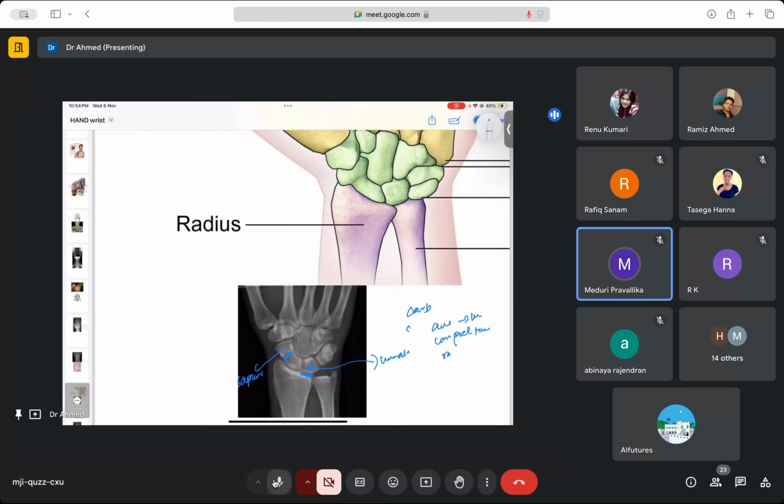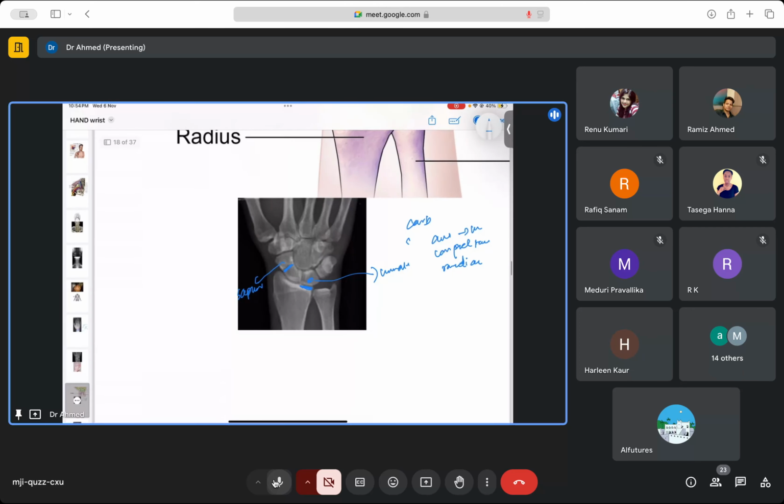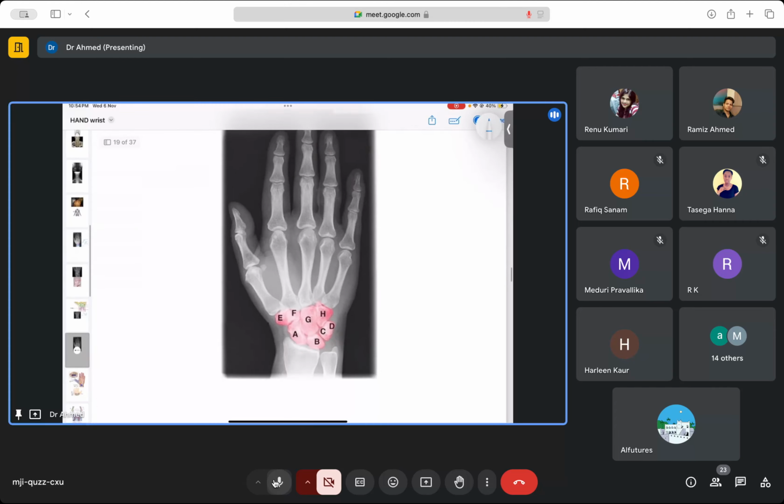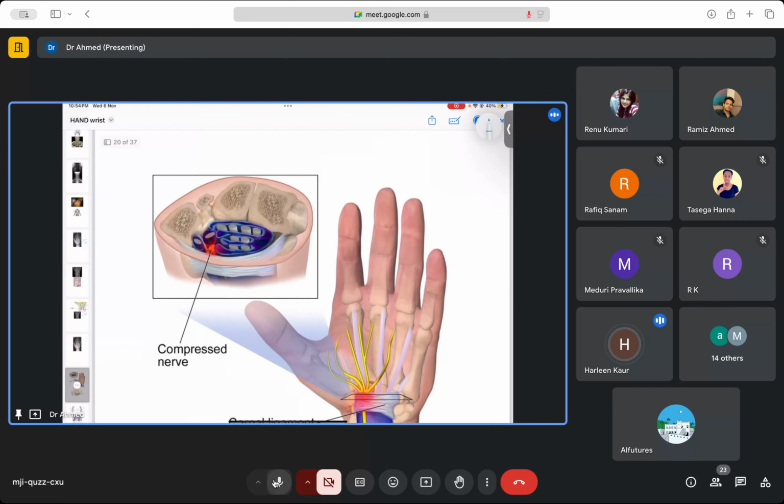Perfect. So the median nerve runs inside the carpal tunnel, and whenever we have lunate anterior dislocation, it can compress the median nerve, right? So here you guys can see the compressed nerve.